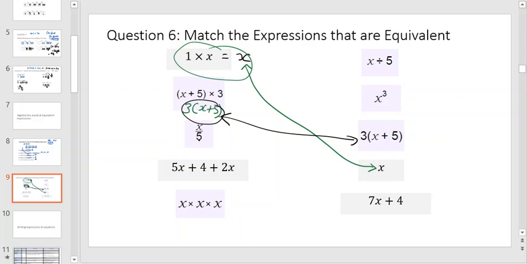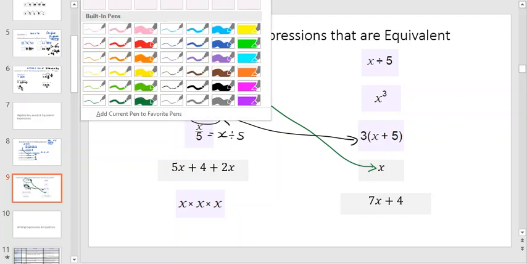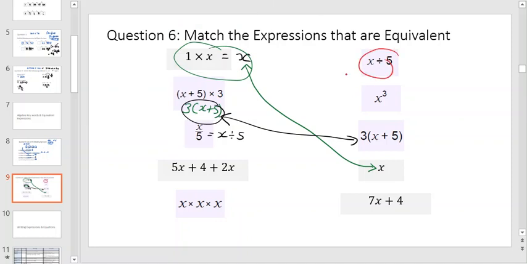I've got x over 5. I know that can be written as x divided by 5. So x divided by 5, there it is. They're equivalent expressions. They're the exact same thing. Over here, I've got 5x plus 4 plus 2x. Now, I know when I have like terms, like x and x are like terms, I can simplify. I can add these together. 5x plus 2x, that is just 7x. That plus 4 stays there. Is there anything that looks like 7x plus 4?